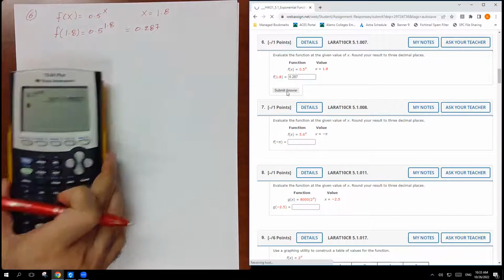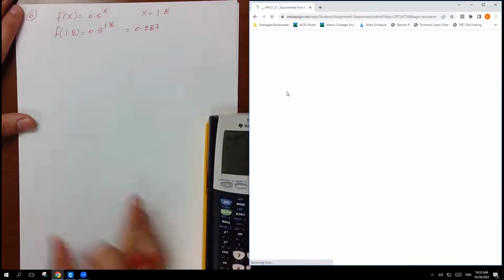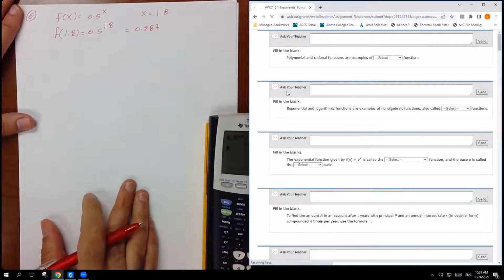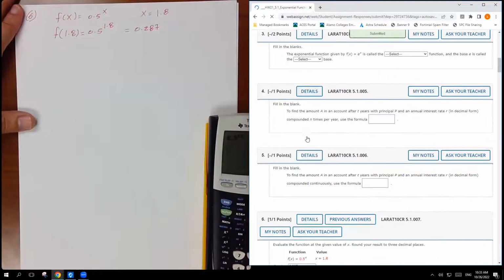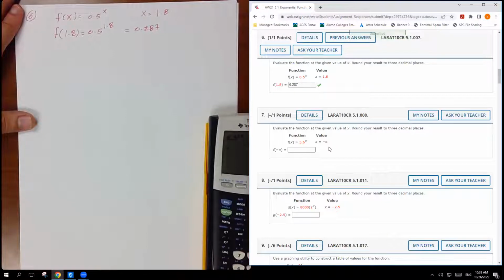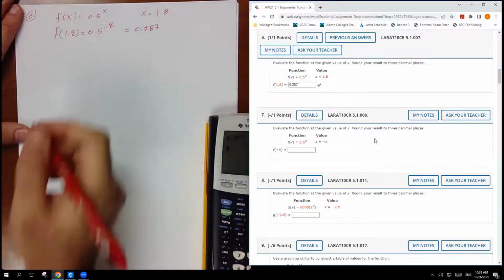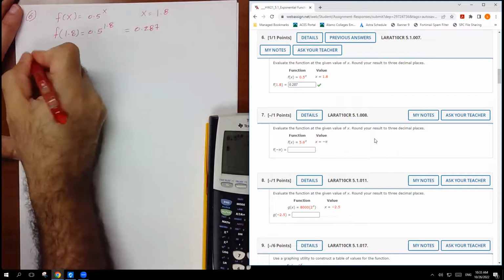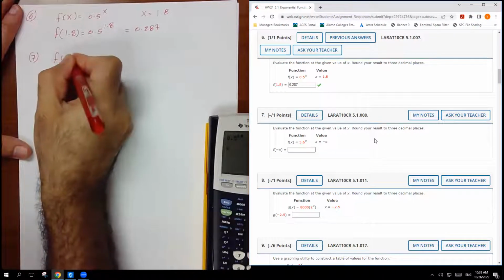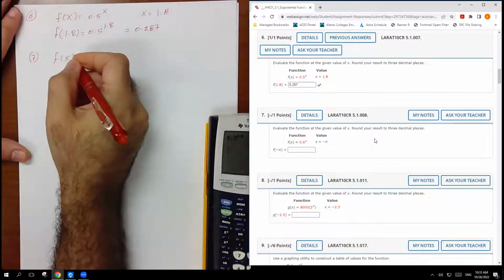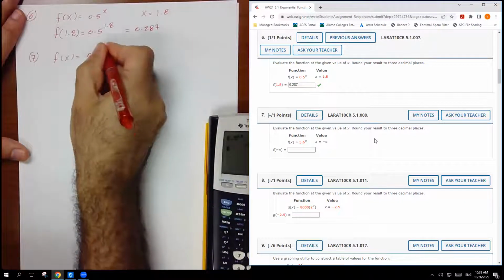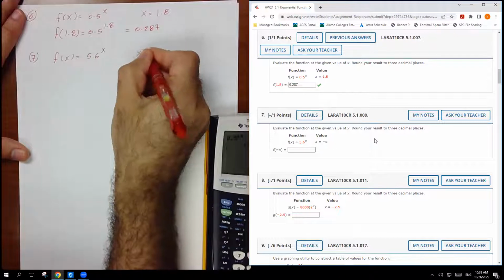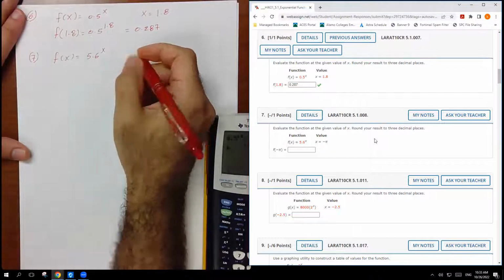The same thing with example 7. Example 7 is also evaluate, but now we have f of x equals 5.6 to the power x, and they're telling you the x value is negative pi.